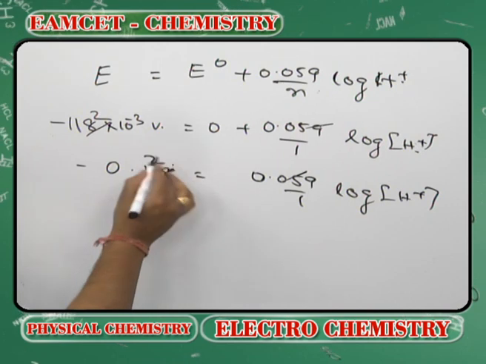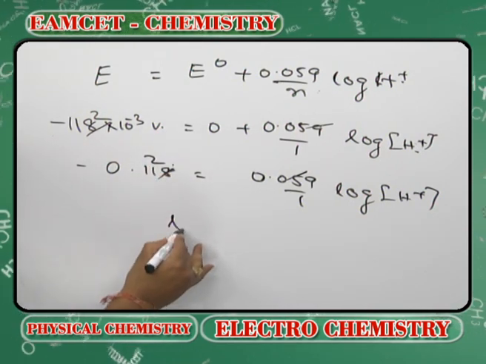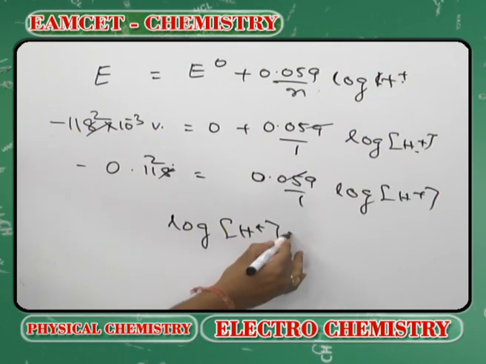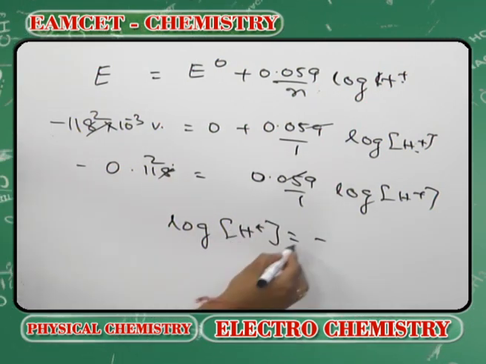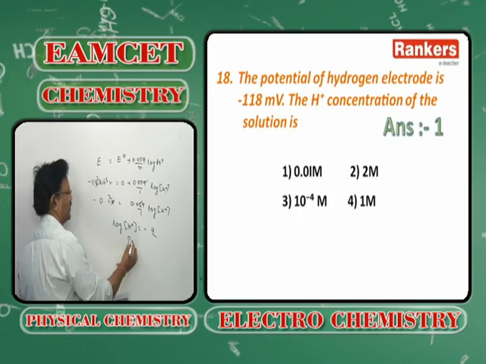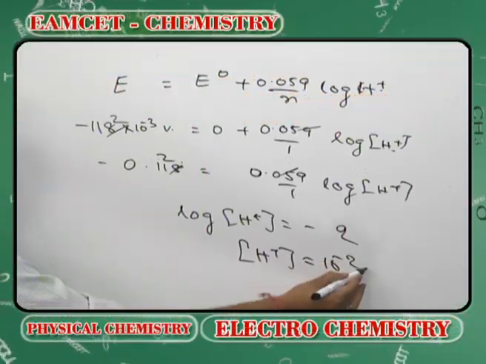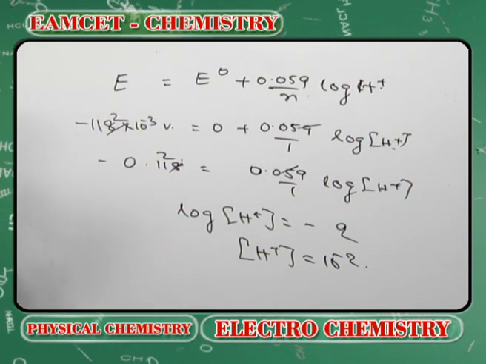This gives 2 for the ratio, so log H plus is equal to minus 2. The H plus ion concentration will be equal to 10 to the power of minus 2. Option 1.